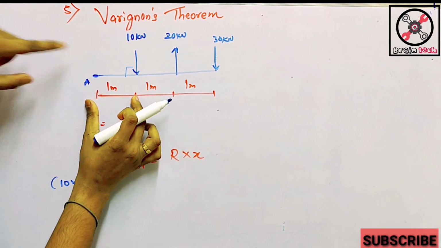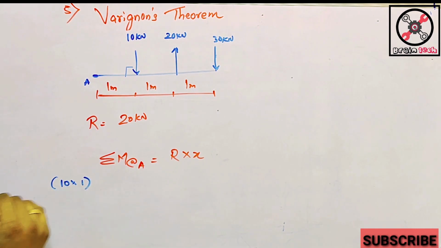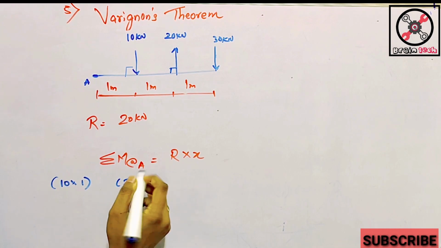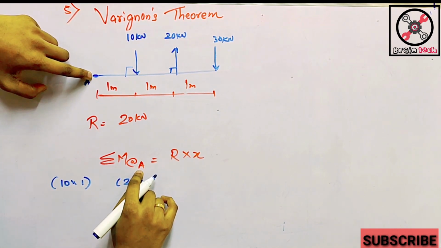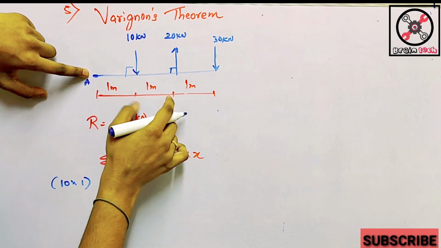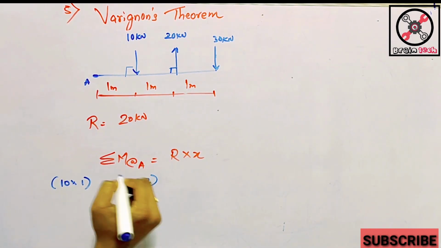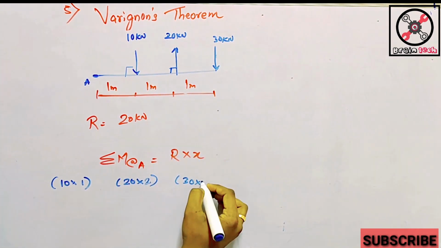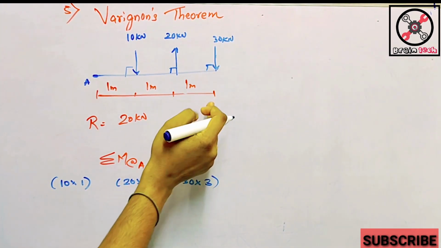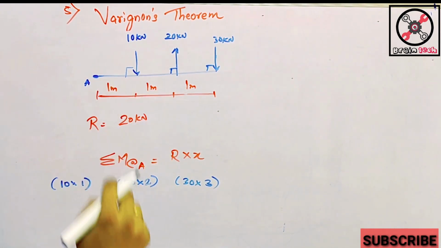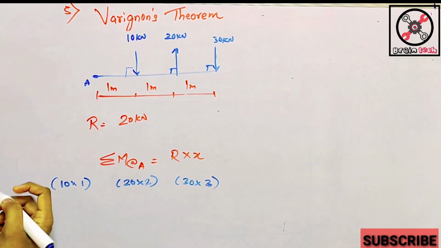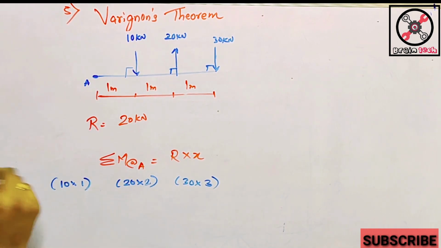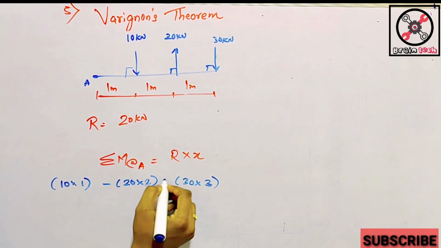Then 20 into 2, because A is your reference point, so all distances are with respect to A, it is 1 plus 1, that is 2. Then 30 into 3, perpendicular distance with A as reference, 1 plus 1 plus 1, 3. Now we take clockwise as positive and anti-clockwise as negative. So this is plus, this is minus, and this is plus.